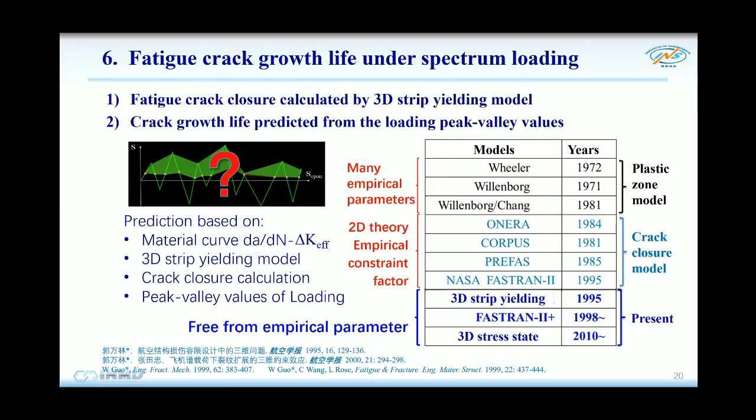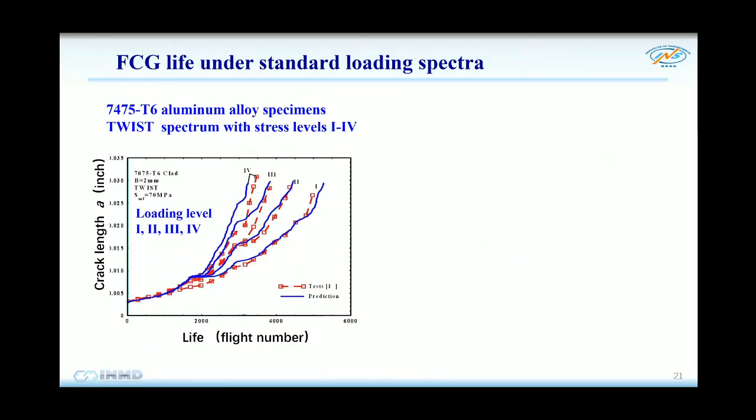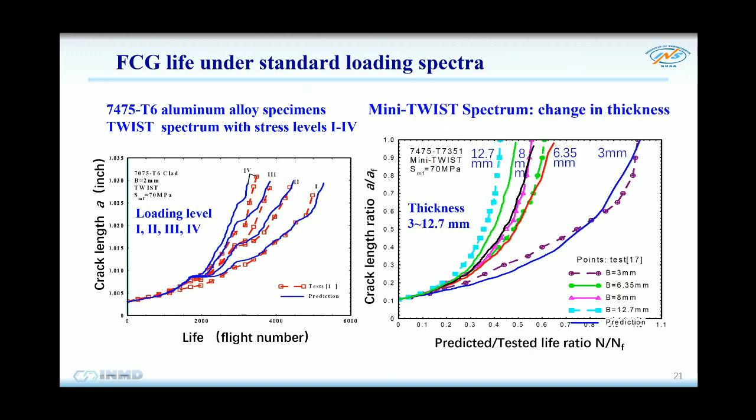And we can find this experiment is the red data, and this blue line is our prediction for different loading levels. This is on the aircraft spectrum loading, and you see the different thickness we can make exactly right prediction. So accurately right is impossible.